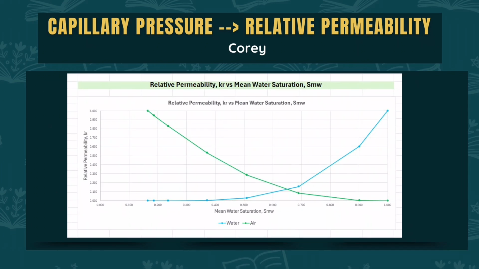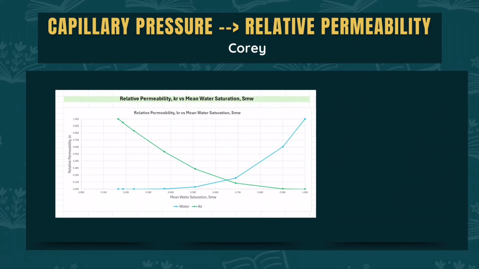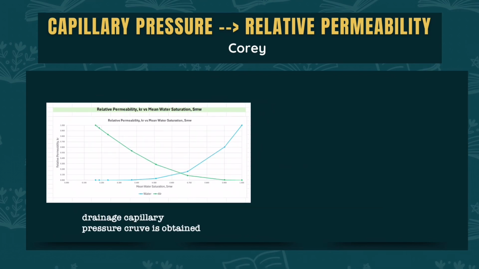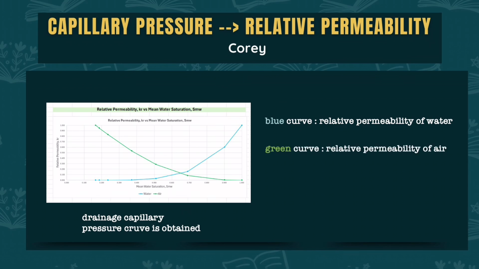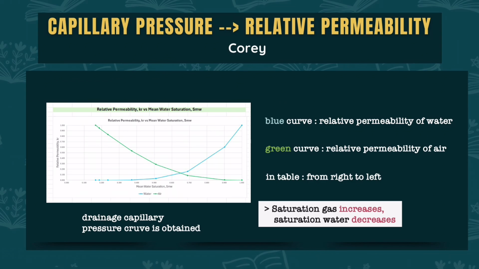Relative permeability of water and air versus mean water saturation graph was plotted, and the drainage capillary pressure curve was obtained. The blue curve represents the relative permeability of water, while the green curve represents the relative permeability of air. From the table, it is interpreted from right to left. As a result, when the saturation of gas increases, the saturation of water decreases.